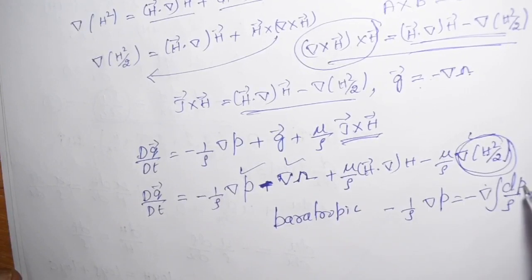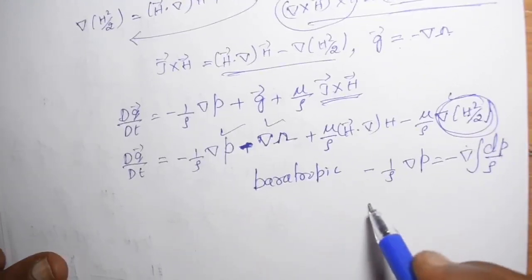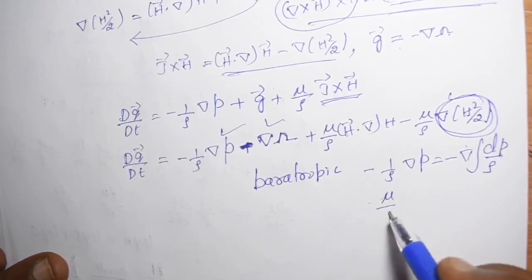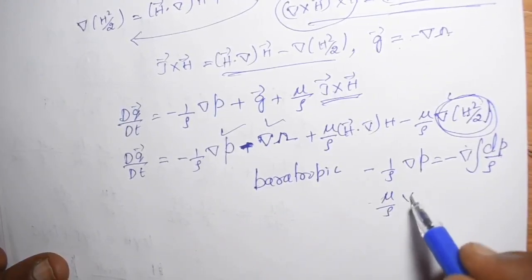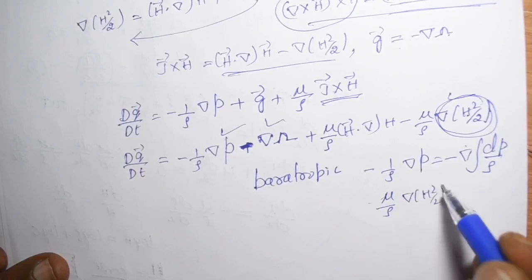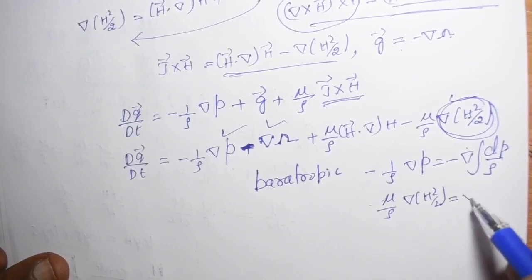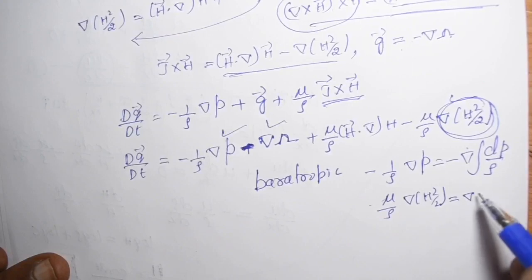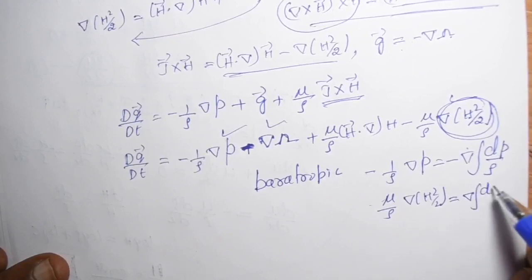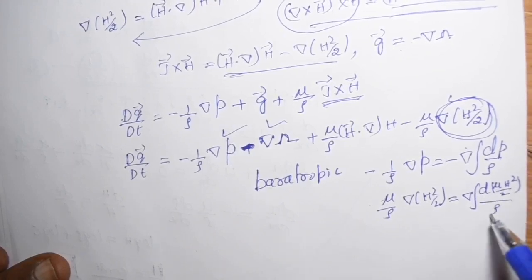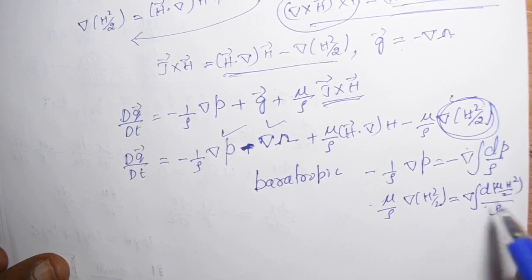Similarly, mu by rho into gradient of H square by 2 can be written as gradient of the integral of d of mu H square divided by 2, whole divided by rho. You can express it like this.